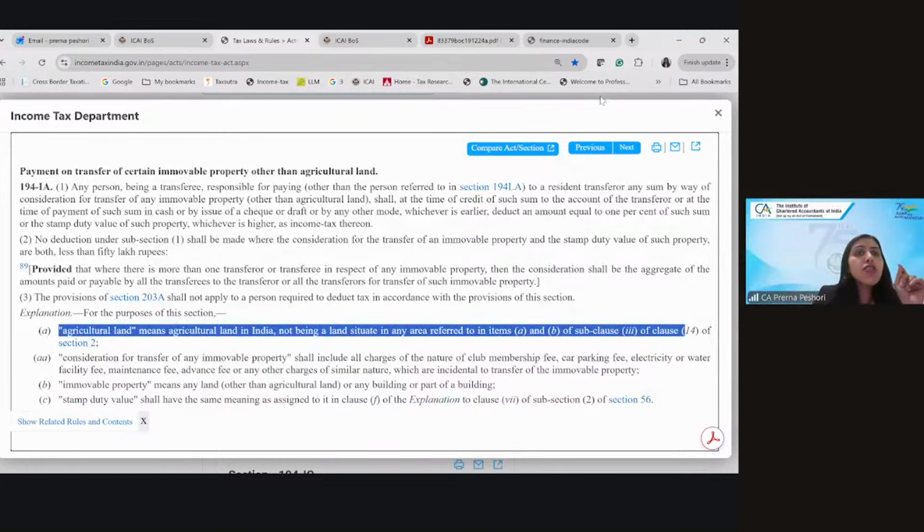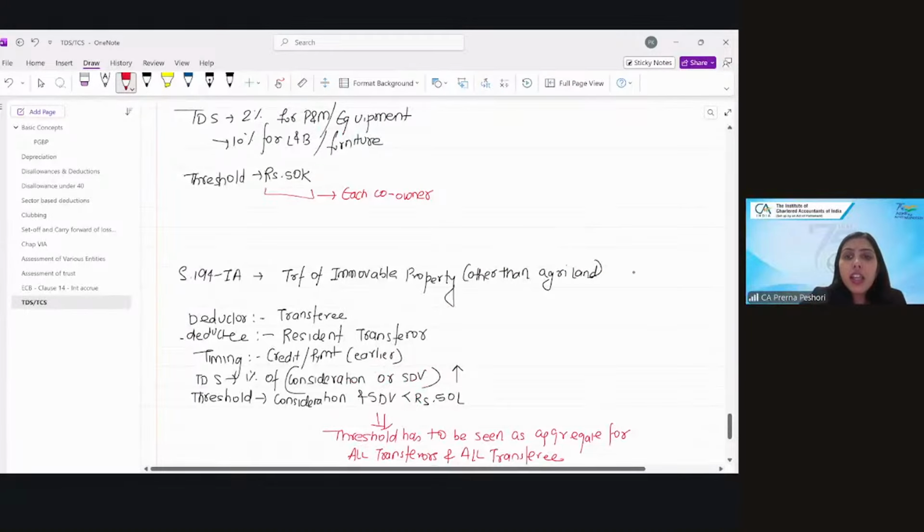So they are saying agricultural land here means rural agricultural land, not the urban agricultural land. So if it is urban agricultural land, it will attract the TDS. Here, the agricultural land is the rural agricultural land. So on urban agricultural land, there will be TDS.